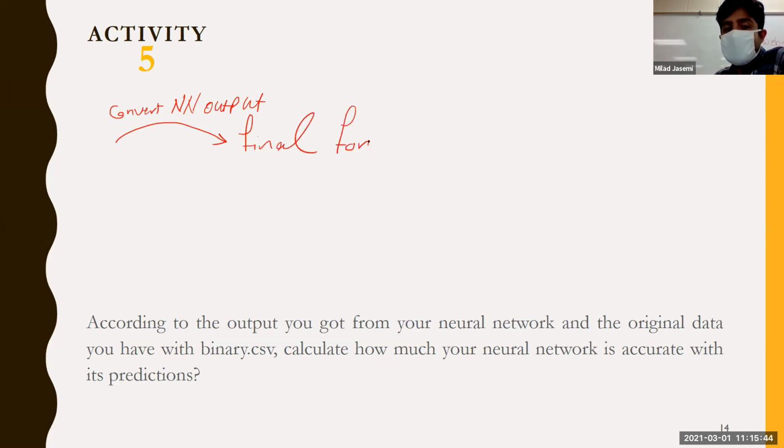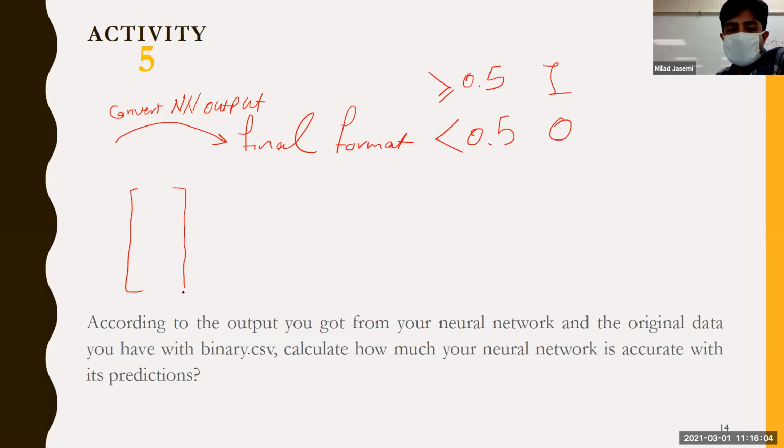It is still not finalized. You need to finalize it with another line of code and tell if the output is greater than or equal to 0.5, make it 1, or if it is smaller than 0.5, make it 0. When you make it, you should get such a thing: 0, for example, 0, 1, and 0.